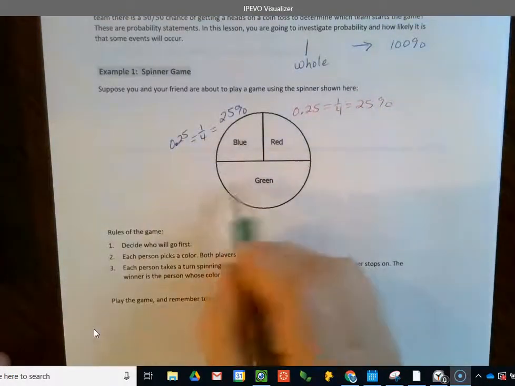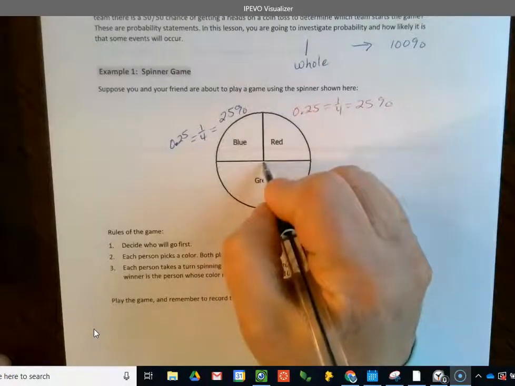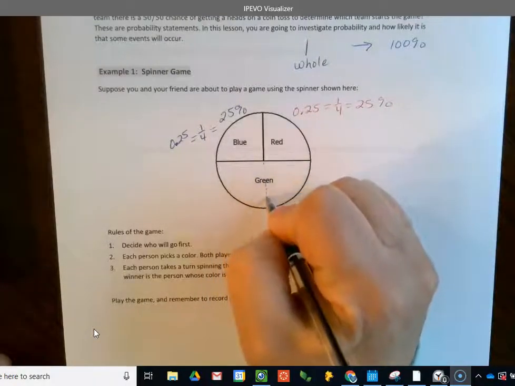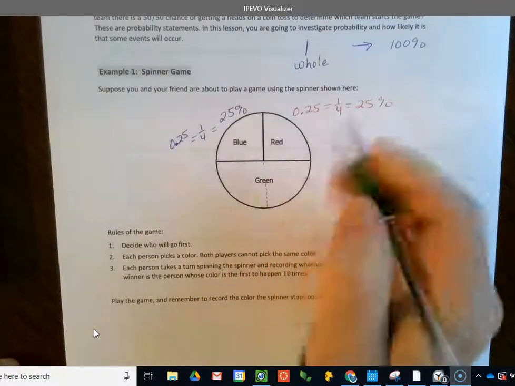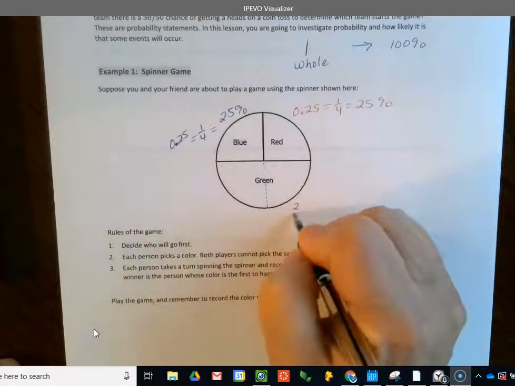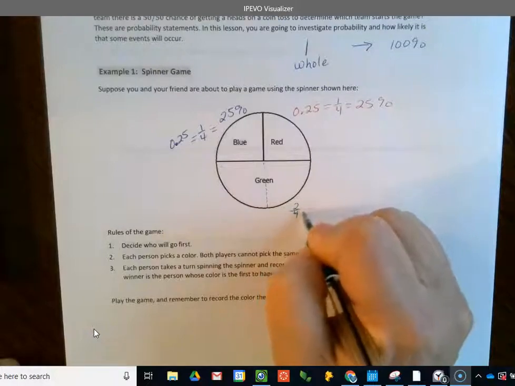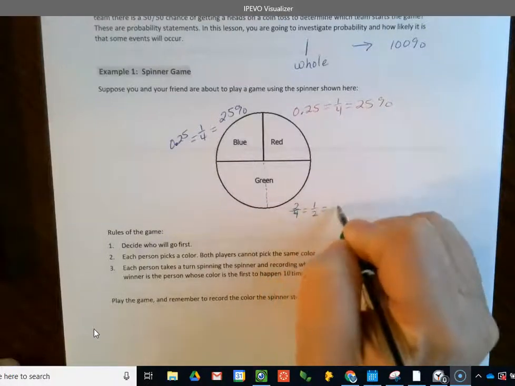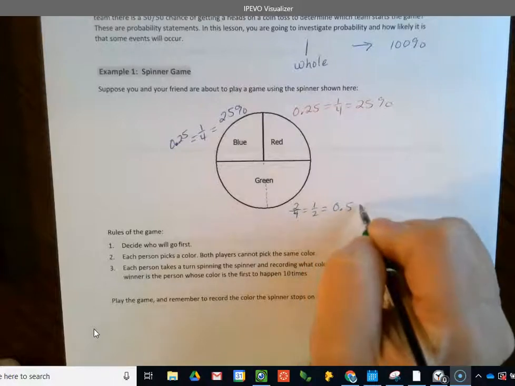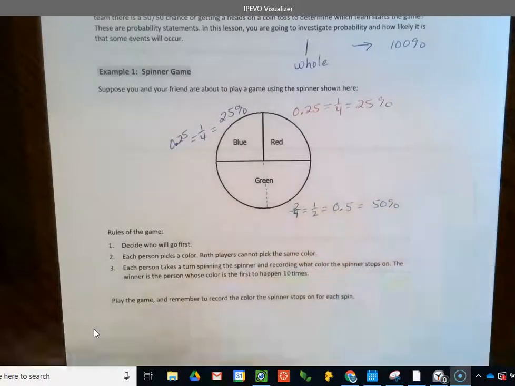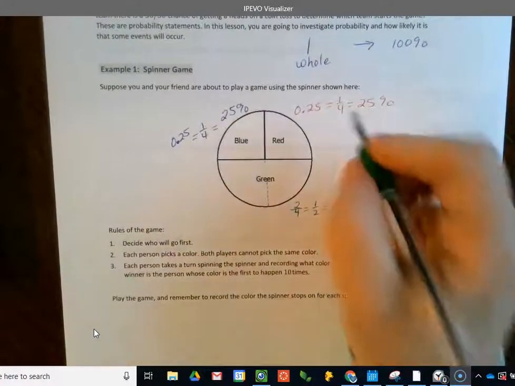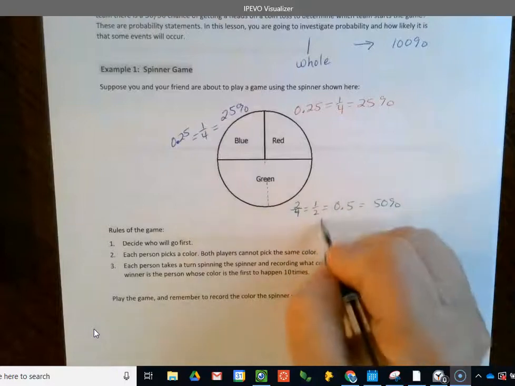Now obviously this is 1/2. If we wanted them to have equal parts, then we could easily split that 1/2 and it would become 2/4, which is also 1/2, 5/10, and 50%.